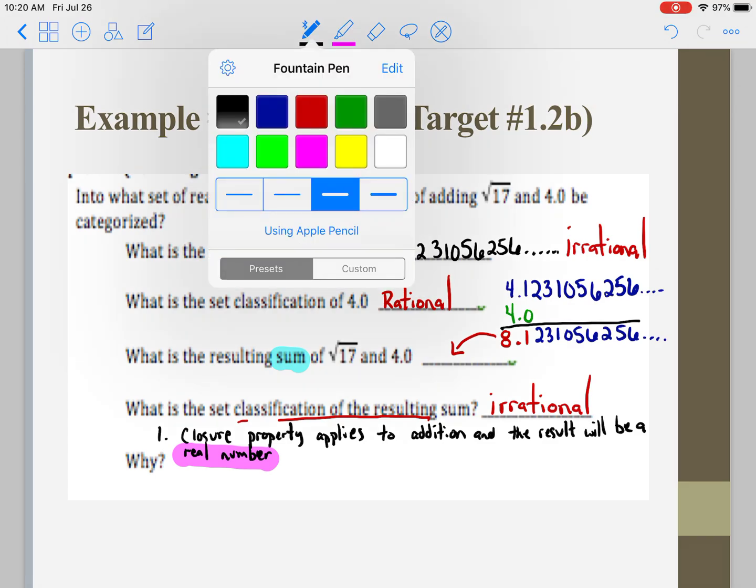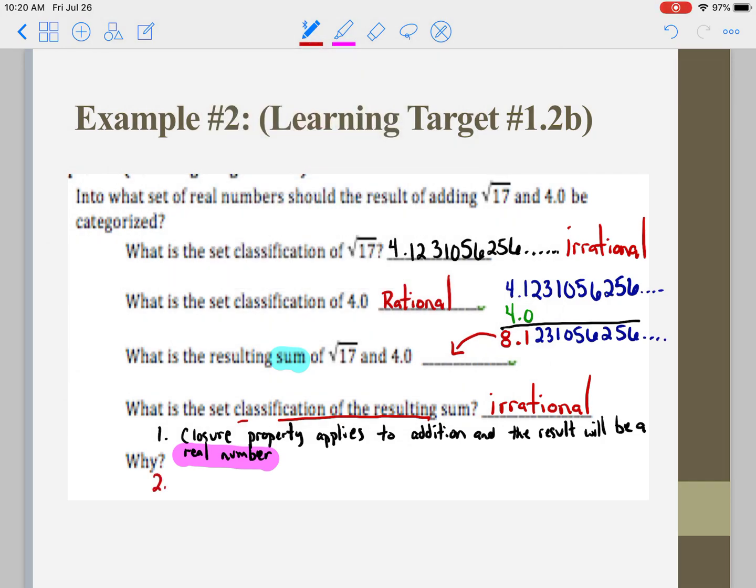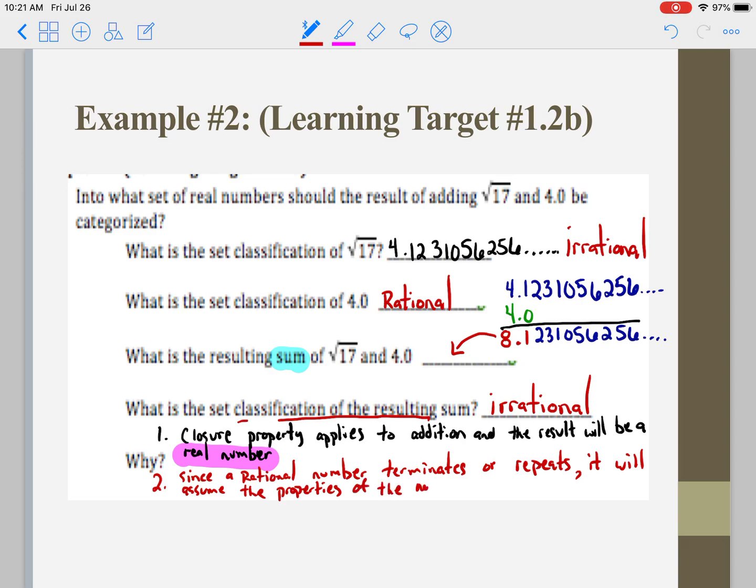The reasoning that this occurs is that since a rational number terminates or repeats, it will assume the properties of the non-terminating, non-repeating set.